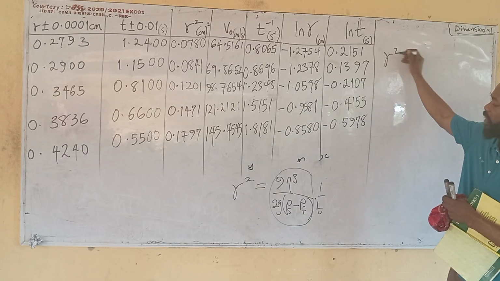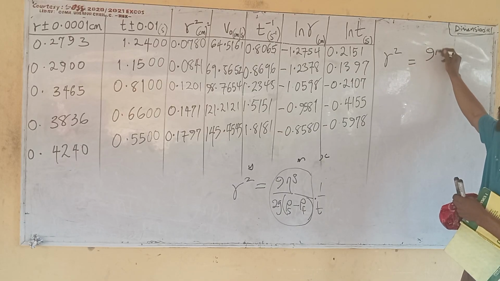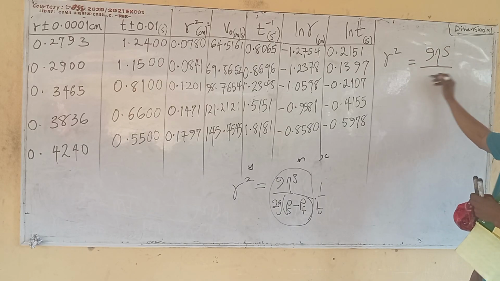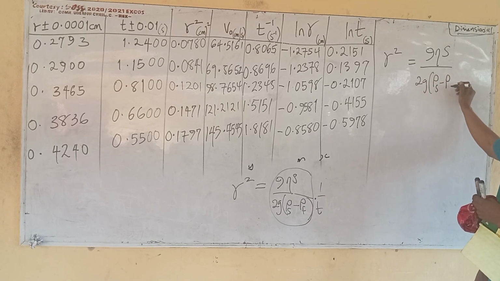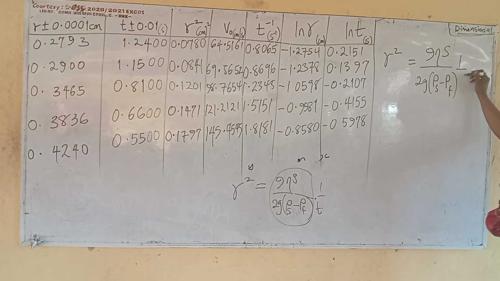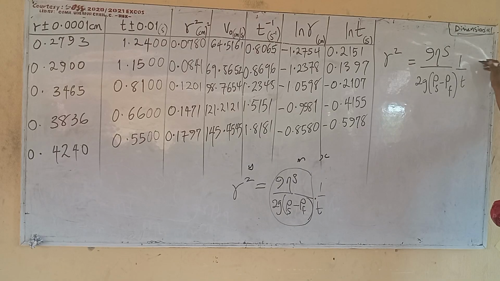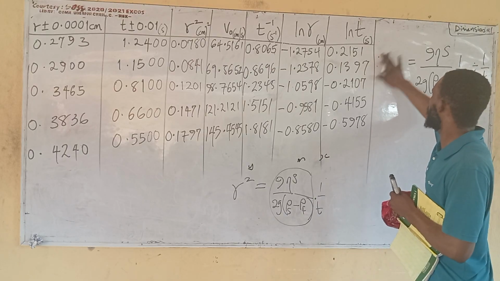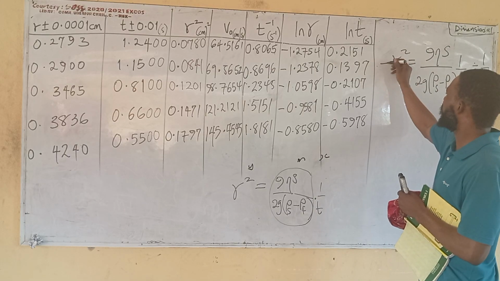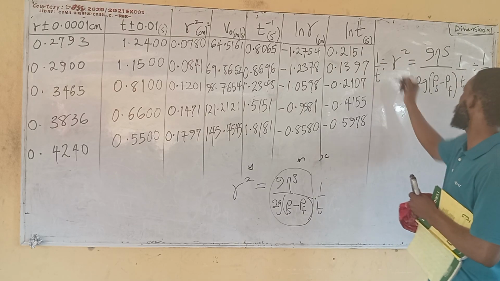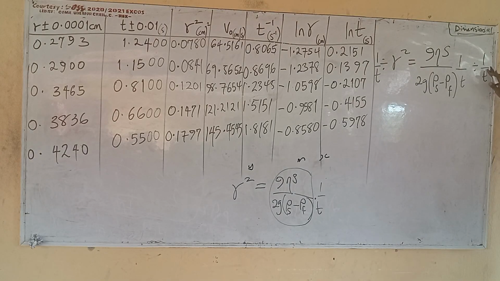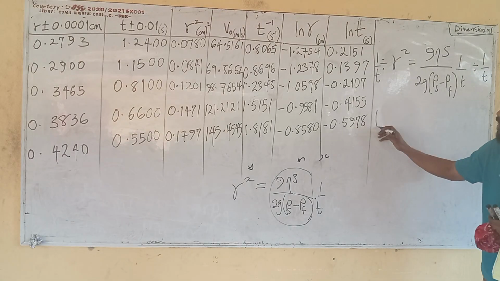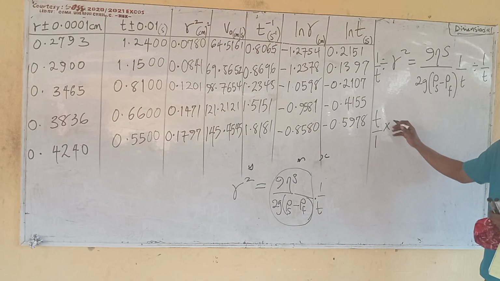I have R squared equals 9 eta S all over 2g (rho S minus rho F). Then I have 1/T. Then divide by 1/T. That gives T over 1 times R squared.